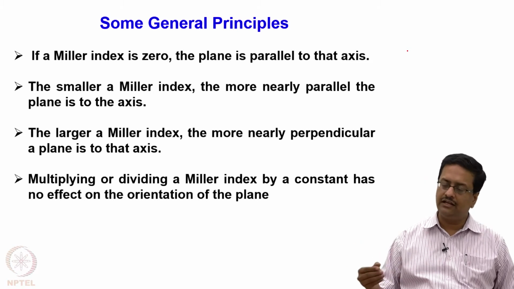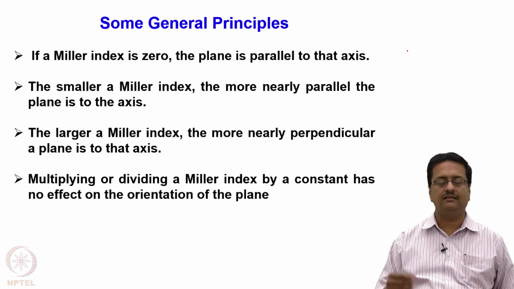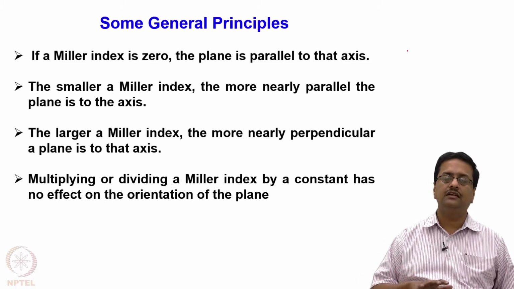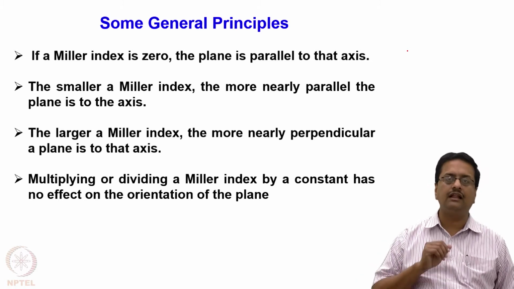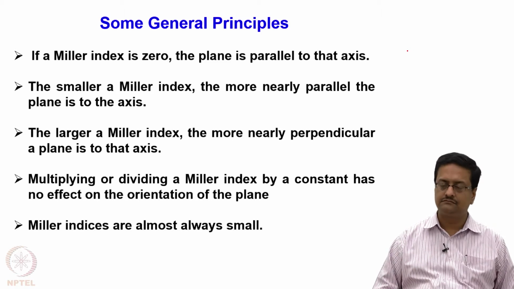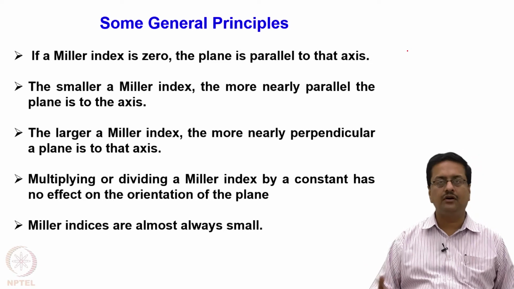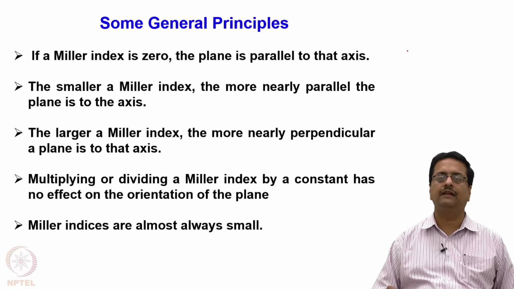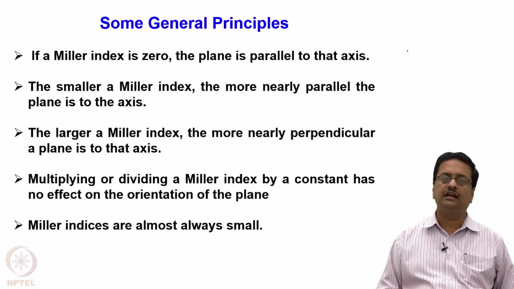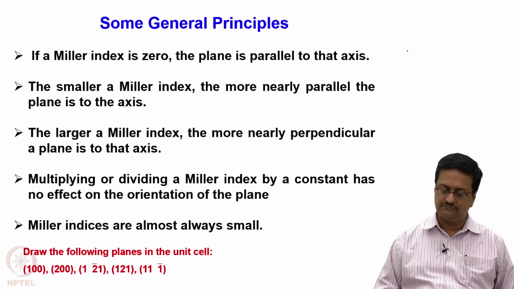Multiplying or dividing a Miller index by a constant has no effect on the orientation of the plane, but it indicates a parallel plane. Miller indices are almost always small for routine data because we are only looking at a very small fraction of the 2 theta angle at which we collect the data.